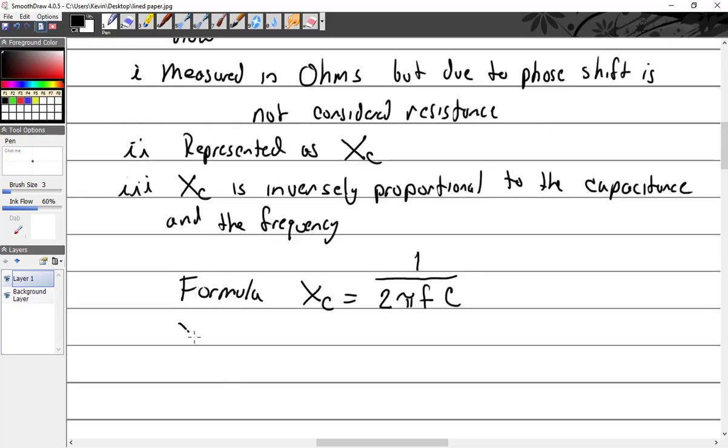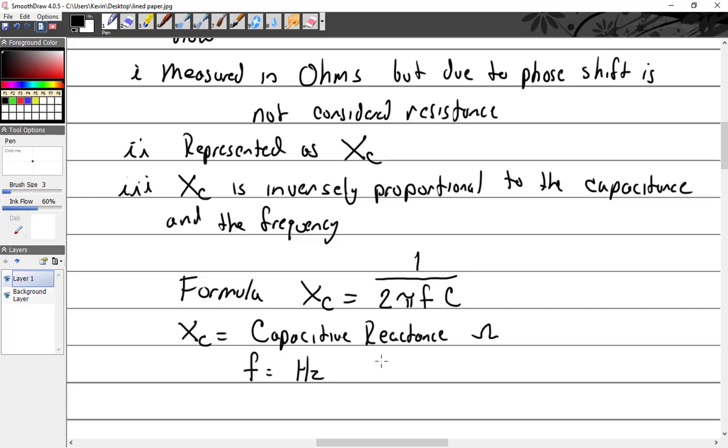So X of C equals capacitive reactance, measured in ohms, or Lululemons. Where f is what? Frequency, which is hertz.